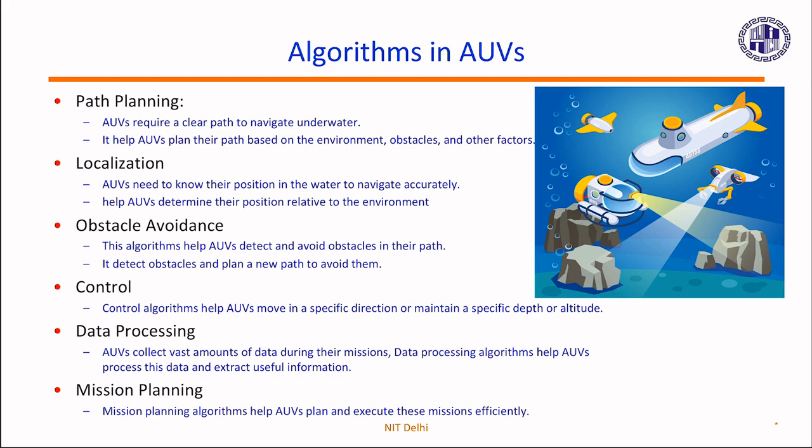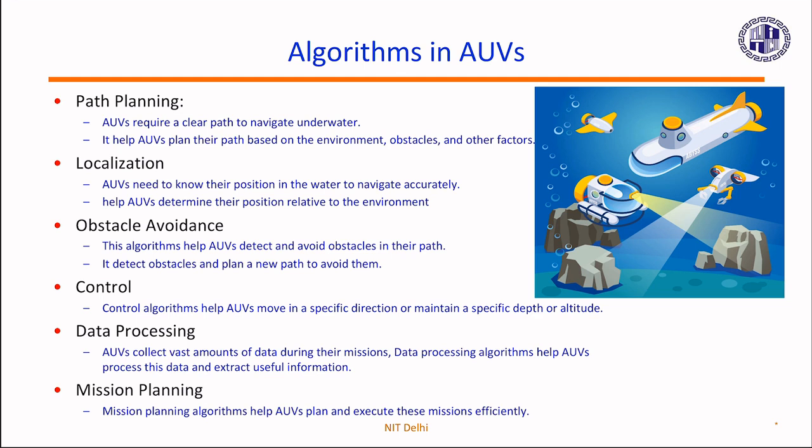Control. AUVs need to be controlled to perform specific tasks. Control algorithms help AUVs move in a specific direction or maintain a specific depth or altitude. Data processing. AUVs collect vast amounts of data during their mission, such as images, sonar data, and environmental data. Data processing algorithms help AUVs process this data and extract useful information. Mission planning.